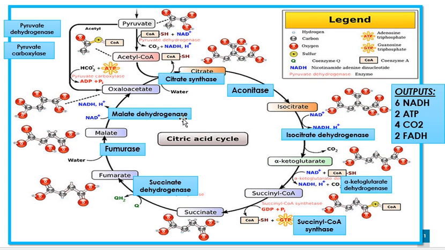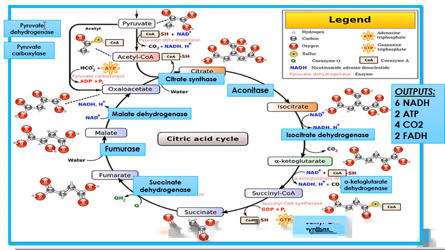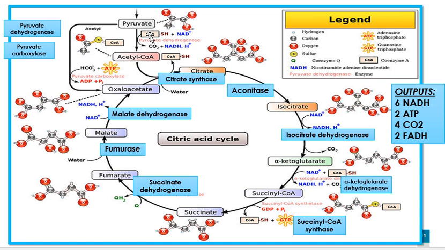So take note again, these are what we call enzymes. They help to make the process faster. In here also, there are two enzymes used or helping. So we have pyruvate dehydrogenase and then pyruvate carboxylase.